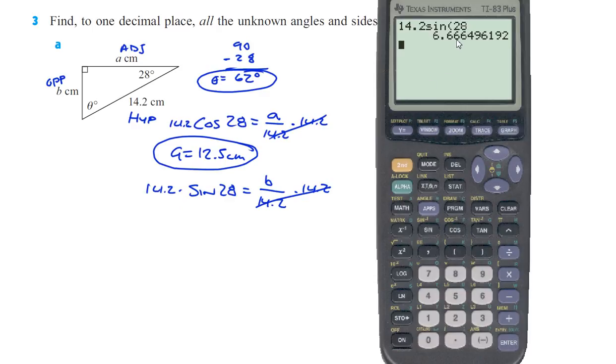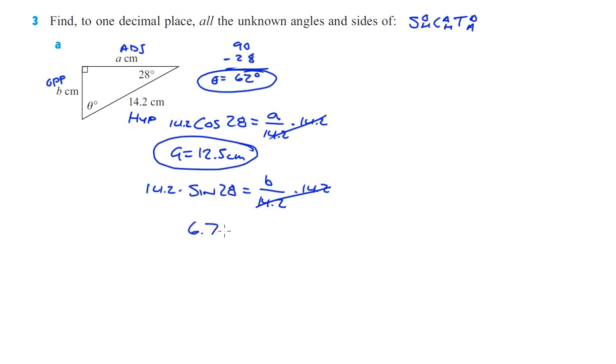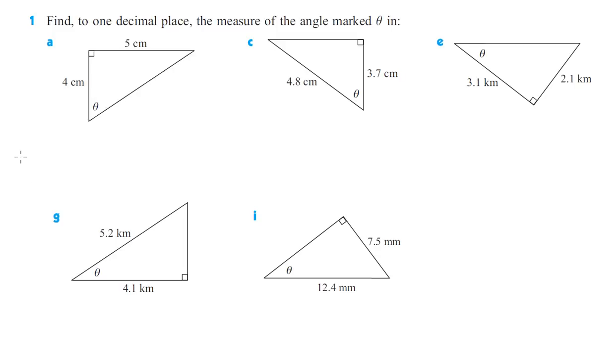Okay, 6.6, so we'll go with 6.7. What is it, centimeters is B. Okay, so we found all of the missing pieces. We found the angle and the two sides. All right, let's move on to the next one.